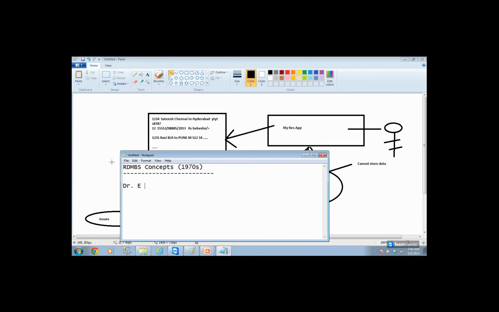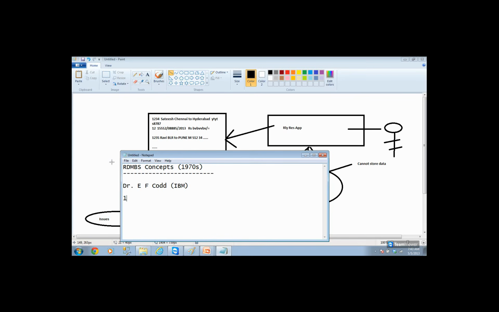Dr. E.F. Codd, who was working for IBM, developed the RDBMS concept using relational mathematics, relational algebra and set theory. So what is the purpose of the RDBMS concept? Using this, you can store the data efficiently and retrieve the data efficiently.